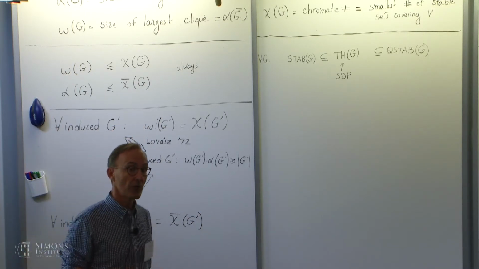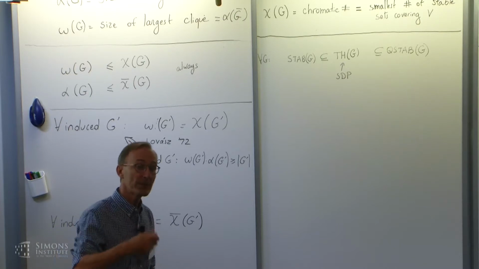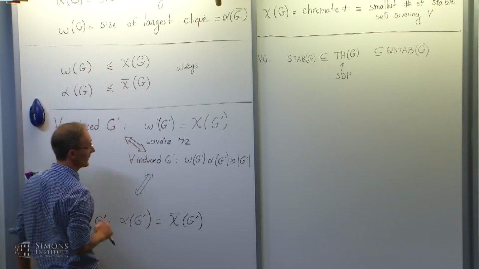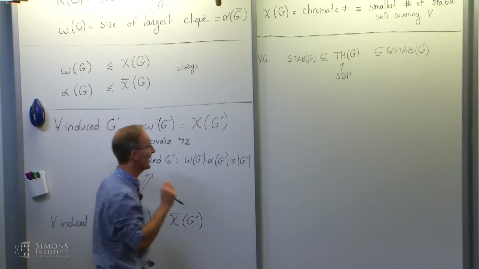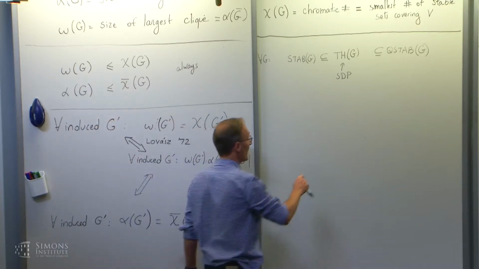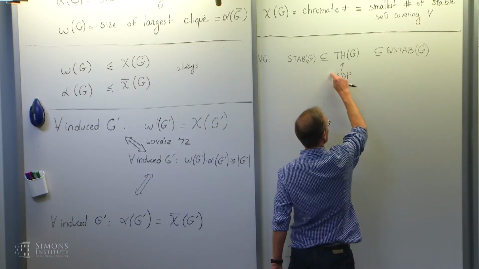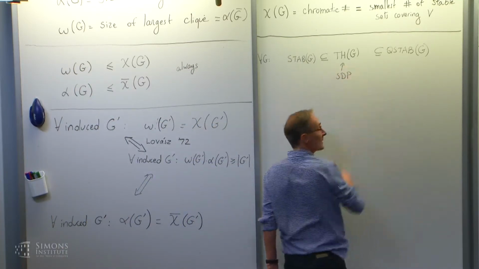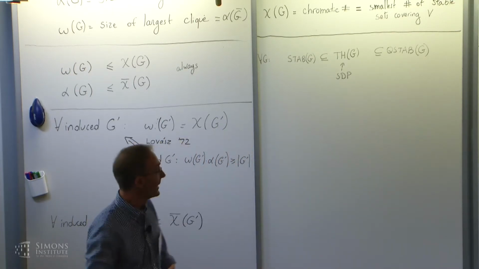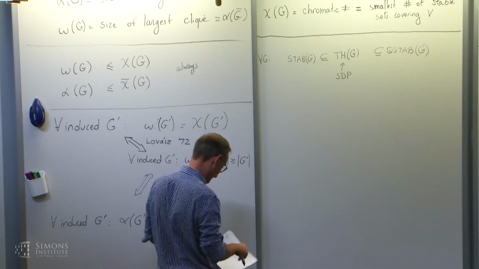However, it's not known how to optimize these quantities over perfect graphs using just the decomposition theorem. However, you can compute these quantities in polynomial time using SDP, because SDP can be solved efficiently up to an arbitrary precision in polynomial time.